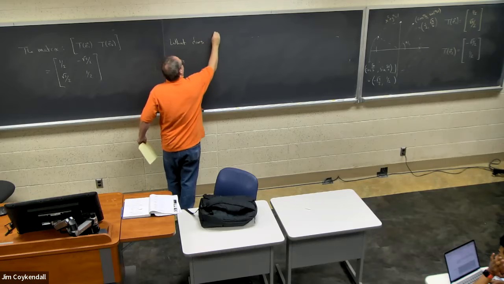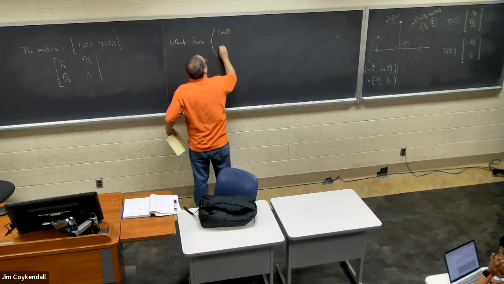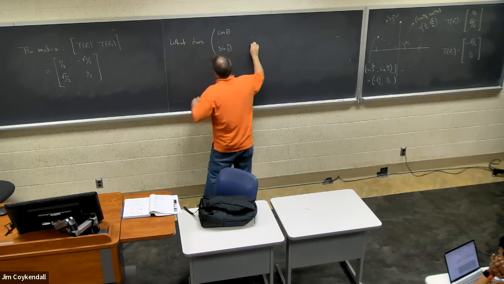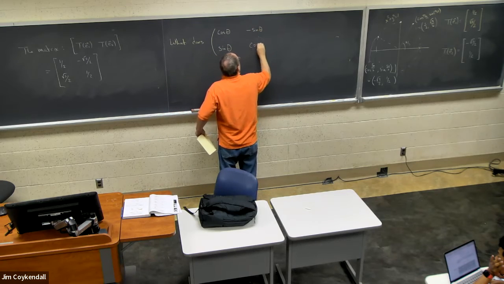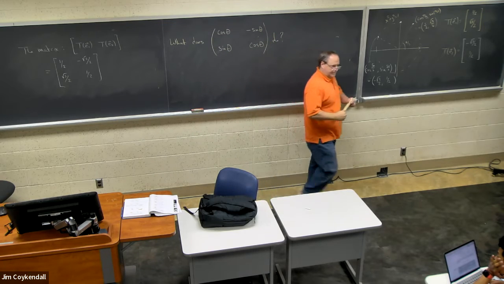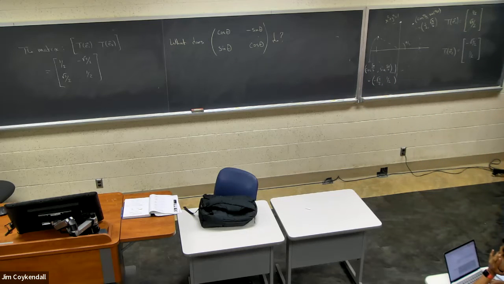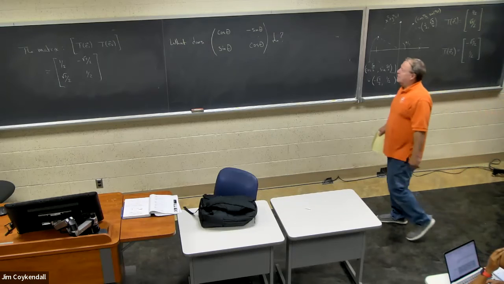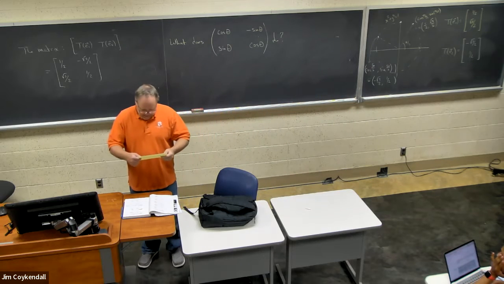What does a matrix with cosine theta, sine theta, minus sine theta, cosine theta do? That's my generalization of the previous example. See if you can verify that that actually takes any vector in R2 and rotates it counterclockwise by theta radians. Okay.